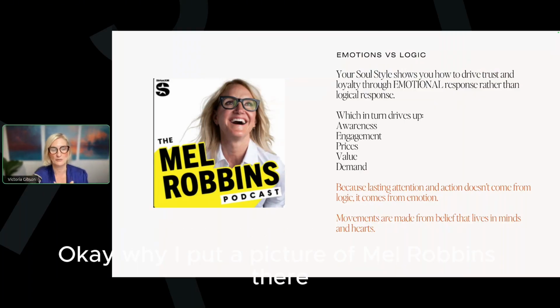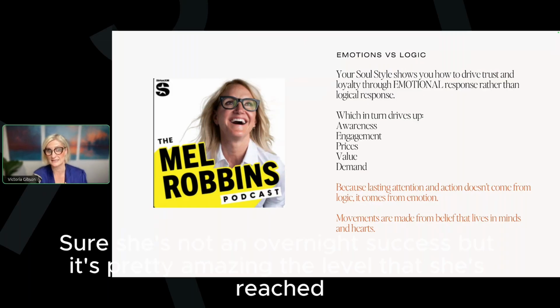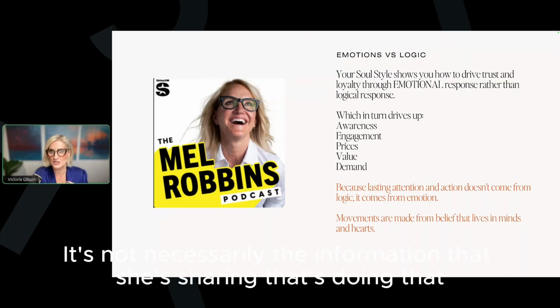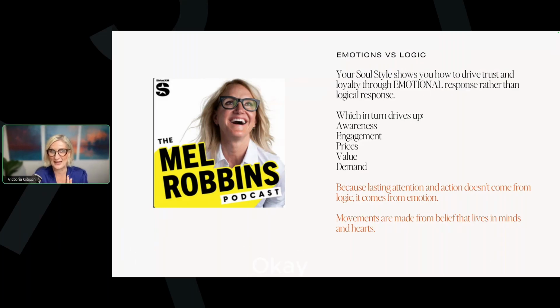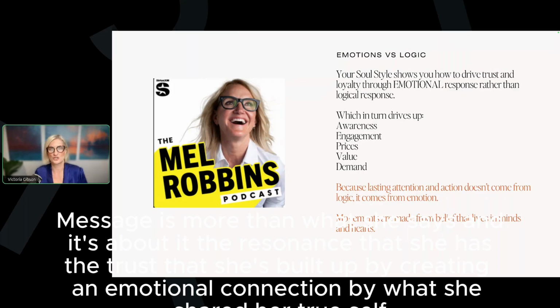I put a picture of Mel Robbins there. Sure, she's not an overnight success, but it's pretty amazing the level that she's reached. It's not necessarily the information that she's sharing that's doing that, okay? Her message is more than what she says. And it's about the resonance that she has, the trust that she's built up by creating an emotional connection via what she shared.